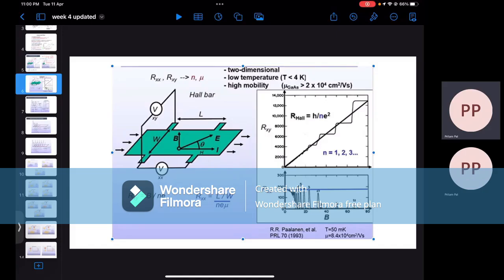Now if I were to study anything quantum, I have to acknowledge the fact that electrons are not classical little marbles, particles running around. They actually have a wave nature, right? And so they can interfere with each other.